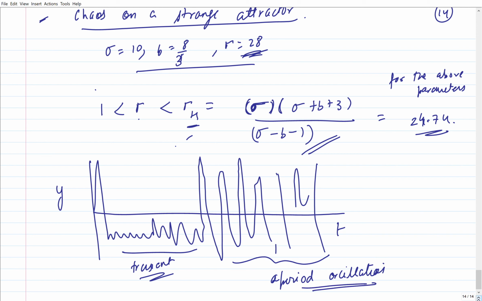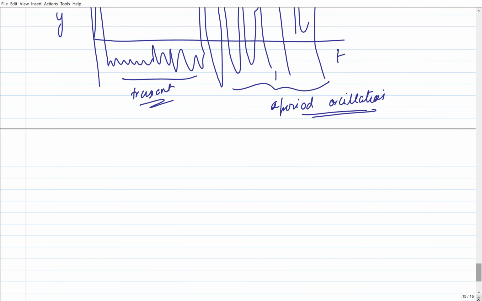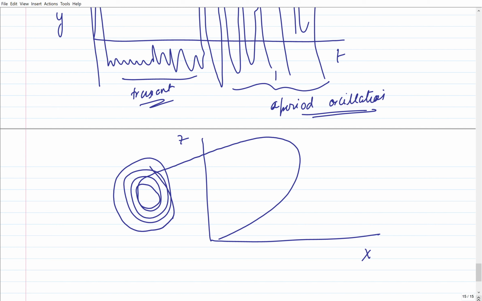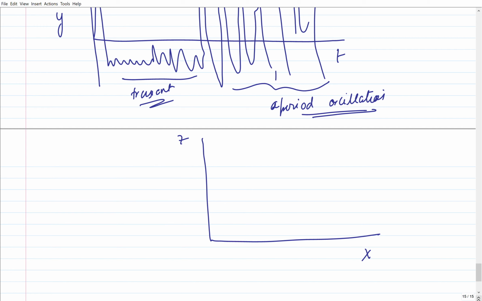And once he plotted it on the phase space, let's say this was x, this was z, he saw similar kinds of beautiful patterns, some sort of, actually I should be drawing it. I don't know how to even draw this, but you get the idea.